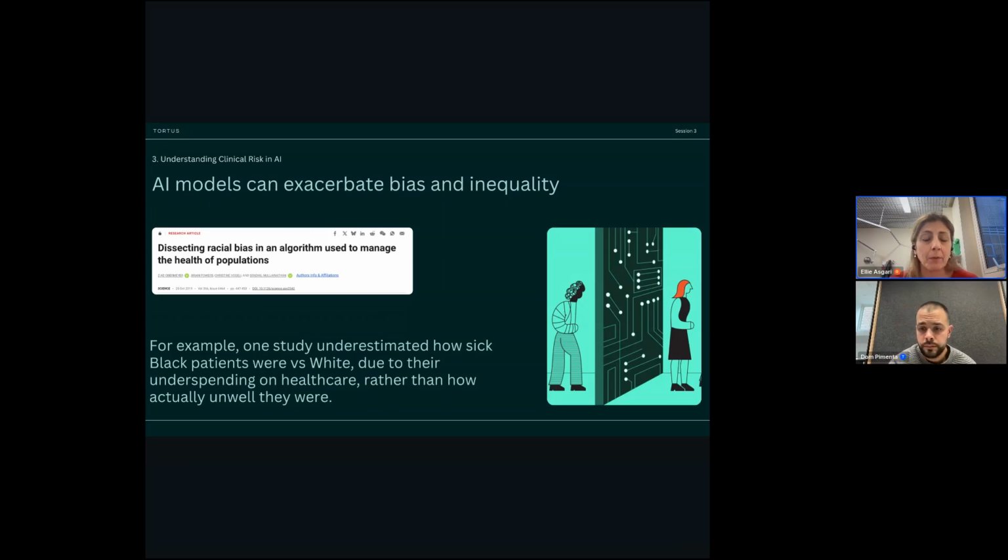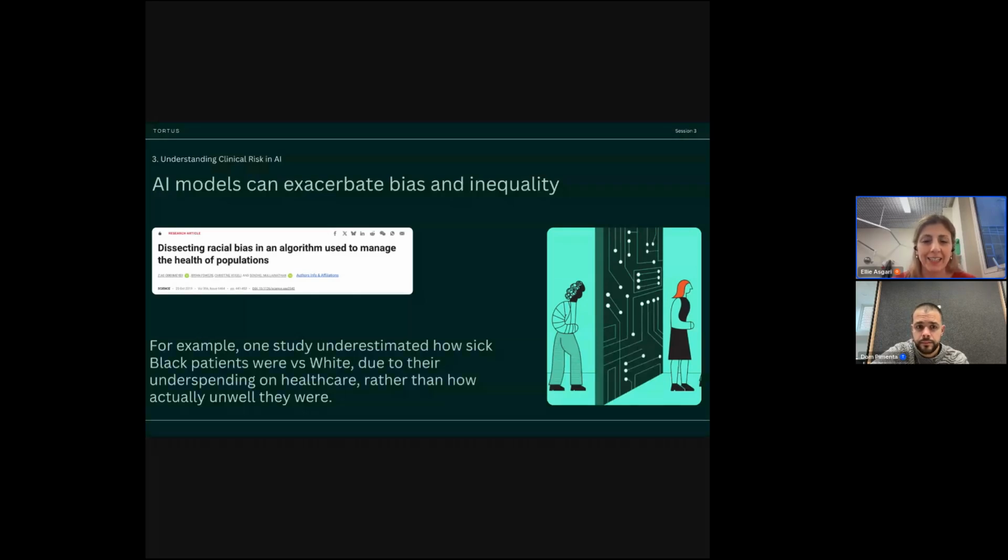So I really like this study that was published a few years ago, where, in the US, which is a very monetary health system, they tried to understand which groups of the population require more healthcare. They found that Black patients were requiring less healthcare, and they wondered how that was possible.